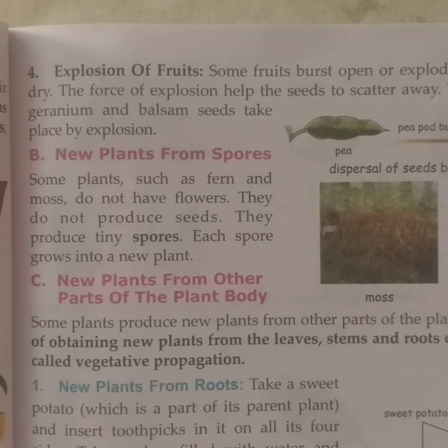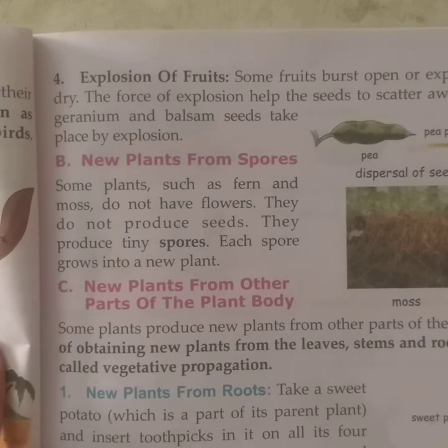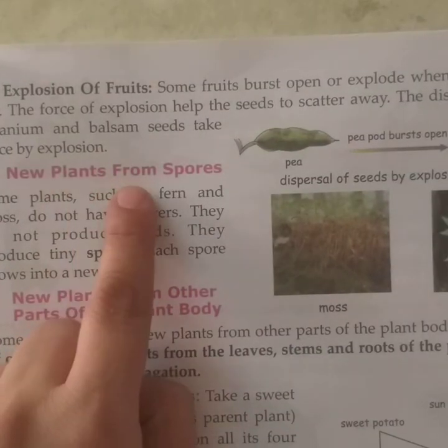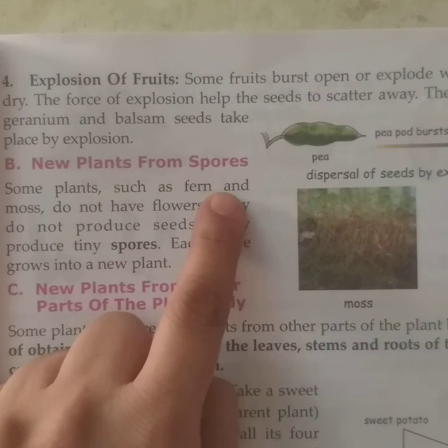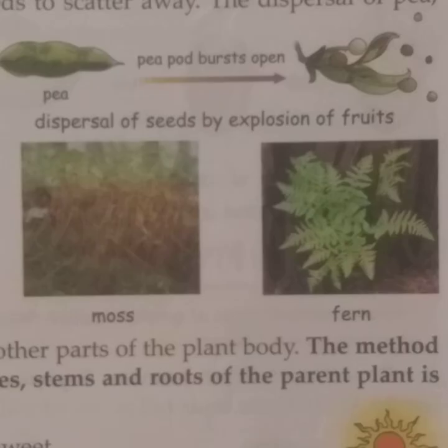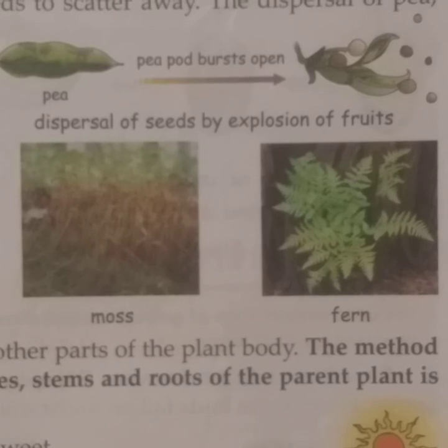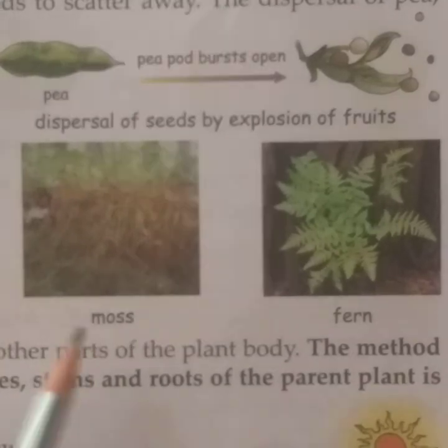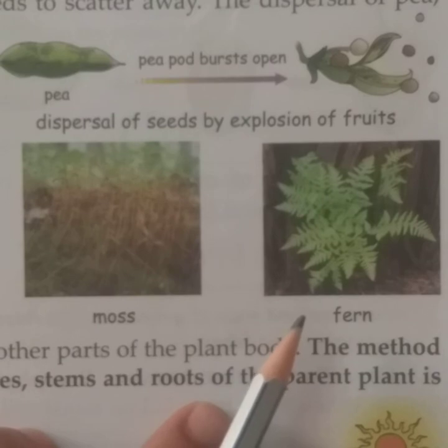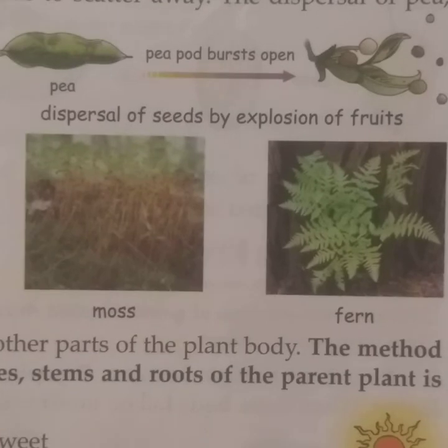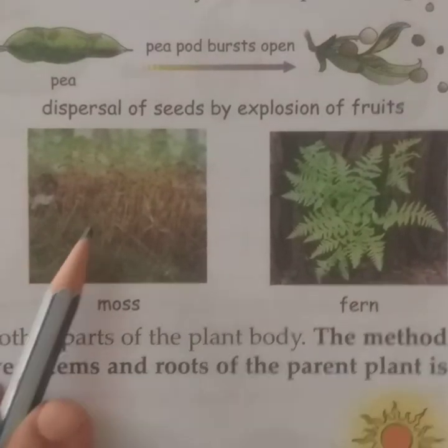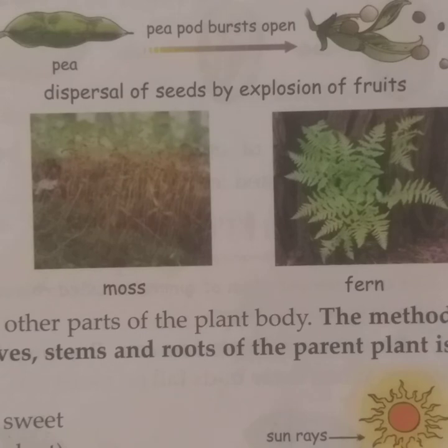Out of these, the very first technique which we will discuss is new plants from spores. How can new plants be grown from spores? Let's see. In nature, there are a few plants like moss and fern. These plants do not bear flowers, but they can still reproduce new plants, as they possess small spores.